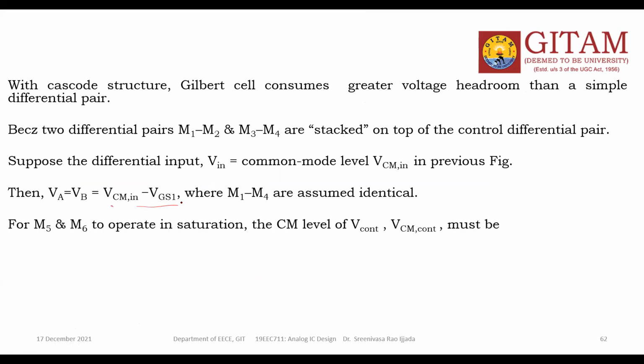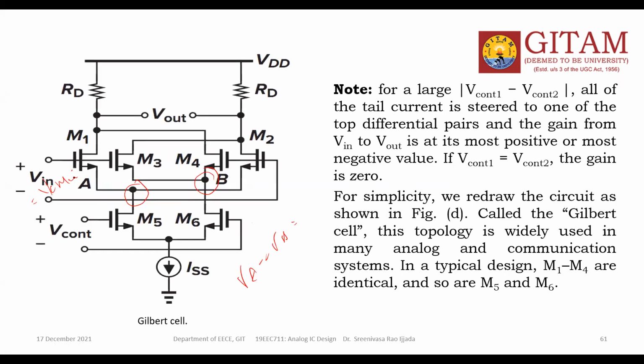The input voltage Vin CM minus VGS1. You already know this is the VGS1. This point is different from this one. So what is the input here? Vin CM, the gate potential Vin CM minus VGS1. That is the VA.